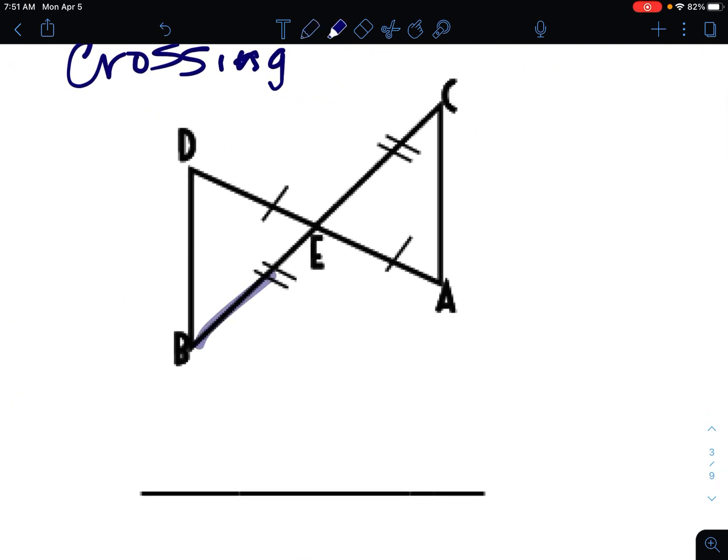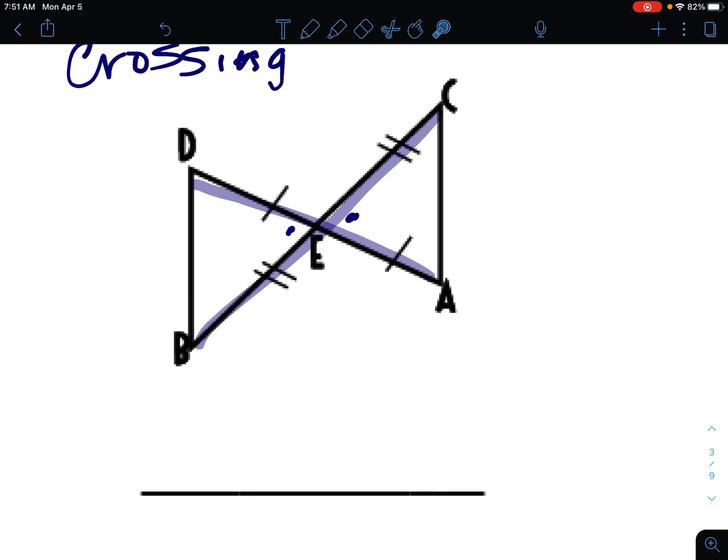Okay? Same thing over here. Anytime we have these two lines cross, we have vertical angles. So this angle and this angle are automatically congruent. Now we have to start with the one, I look at the tick marks then, okay?